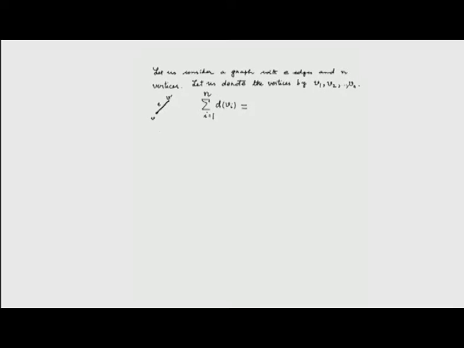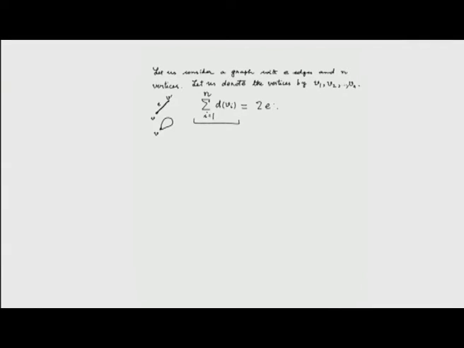In case this edge is a self loop, then it will come back to V itself, and therefore contribute 2 to the degree of V. Because of this, each edge is going to contribute 2 to this sum, and therefore, this sum is equal to twice the number of edges. We can check this by examples. Let us look at one small graph.